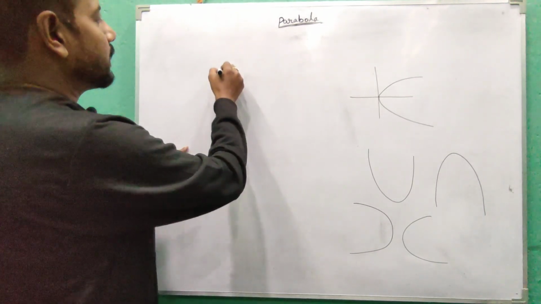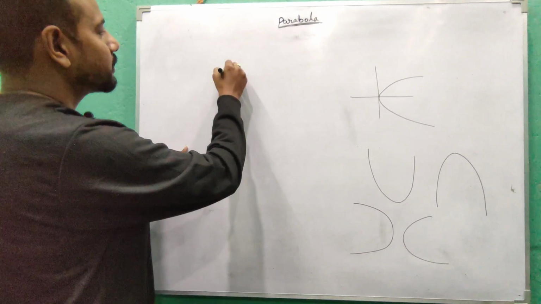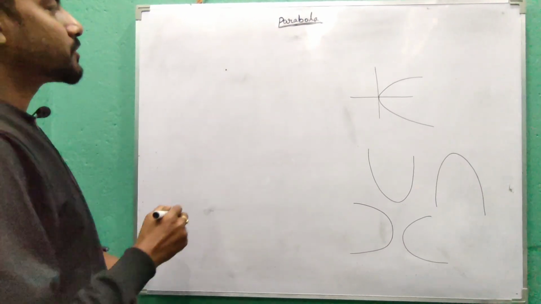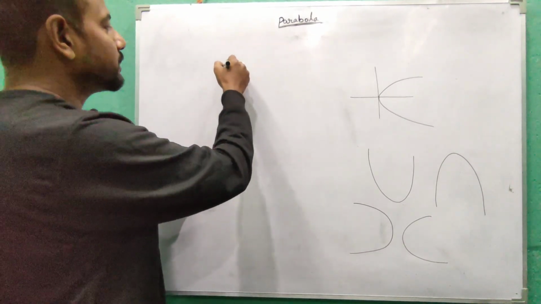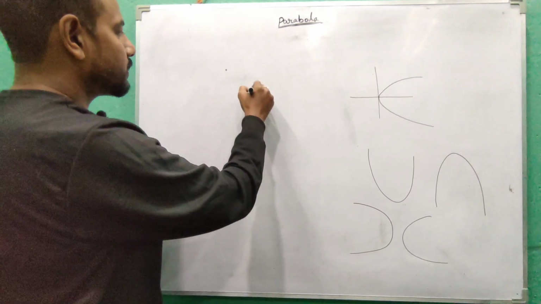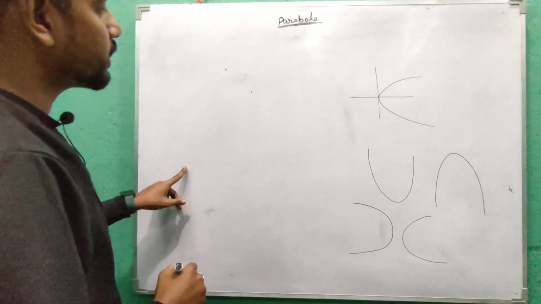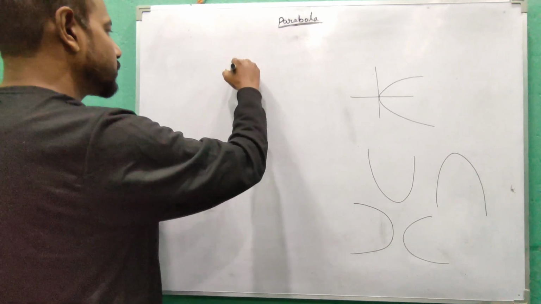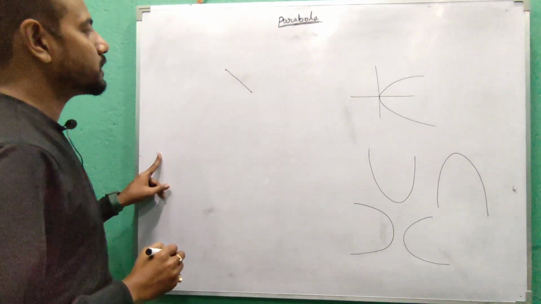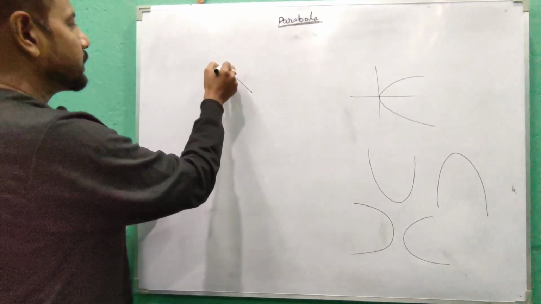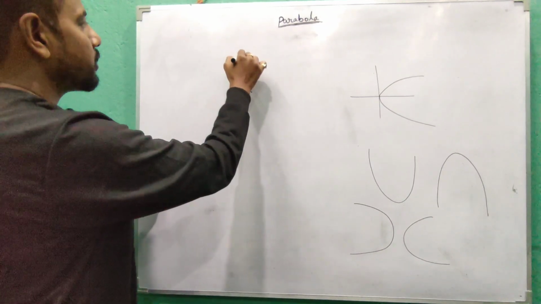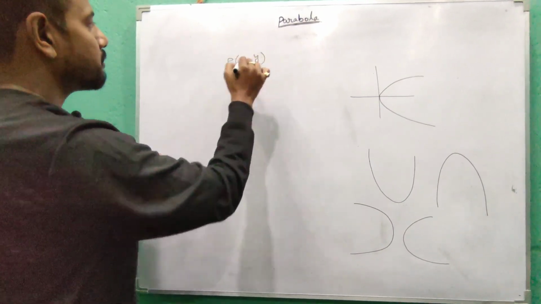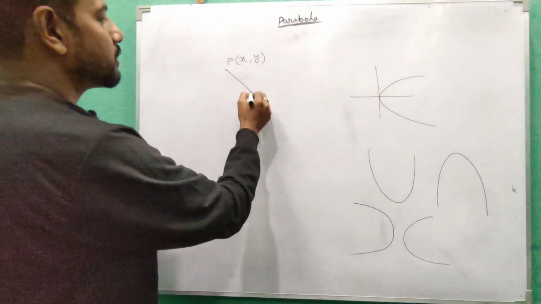Actually, if a point moves on a plane in such a way that the distance from a fixed point is equal to the perpendicular distance from the variable point to the fixed line. Suppose this is a variable point on a plane and this is a fixed point.